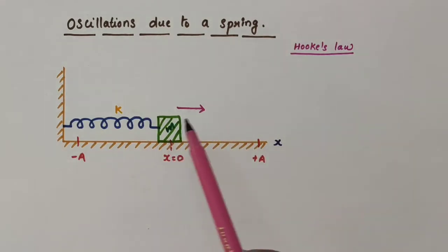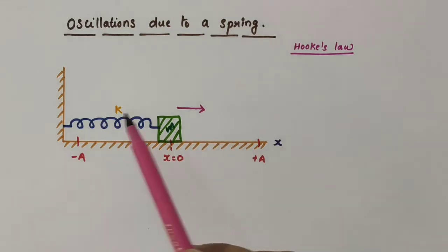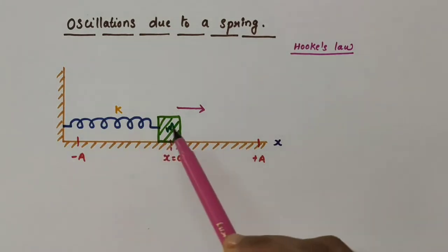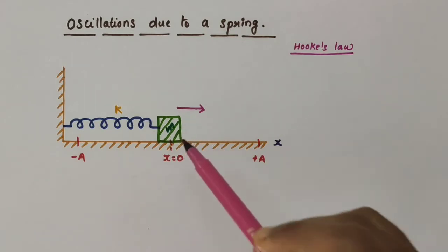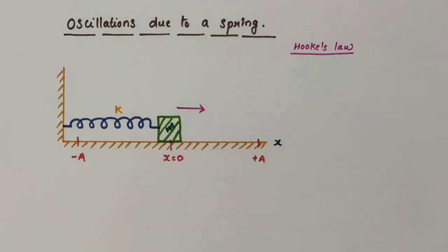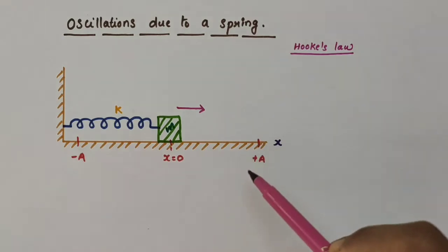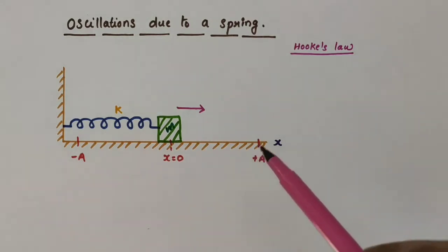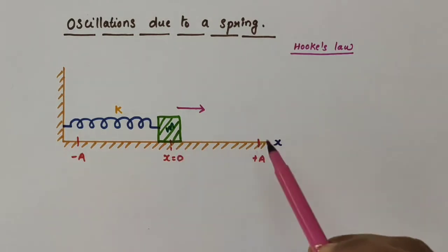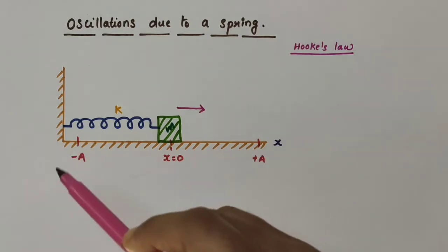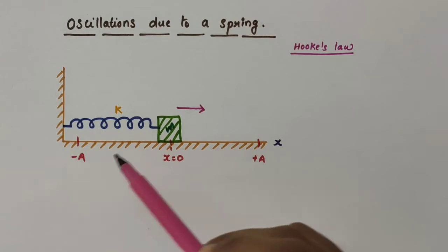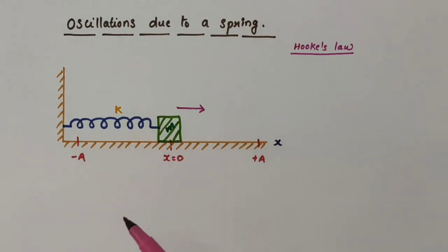That is, the block will move forward and backward about this point. x equal to 0 is the position of the center of the block when the spring is in equilibrium. This position marked plus A indicates the maximum displacement to the right of the mean position, and this position marked minus A indicates the maximum displacement to the left of the mean position.